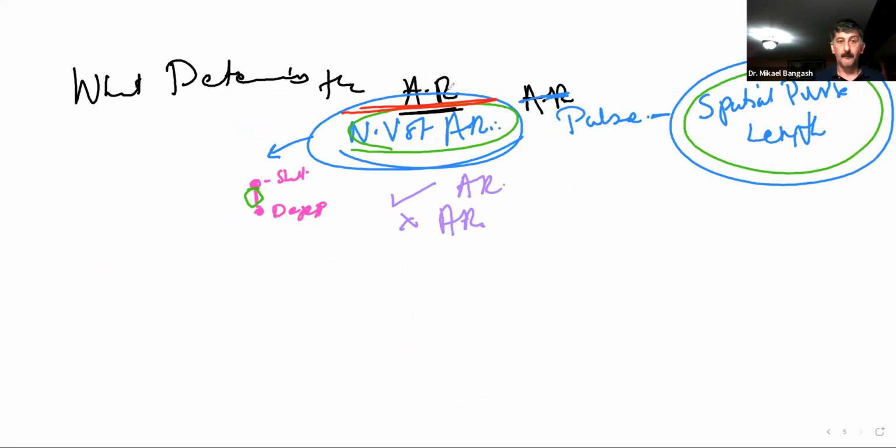Now, when we talk about a distance or a length, that is anything that is measured in space, because that's what we mean by spatial. What spatial component is going to determine your axial resolution? It is going to be your spatial pulse length.